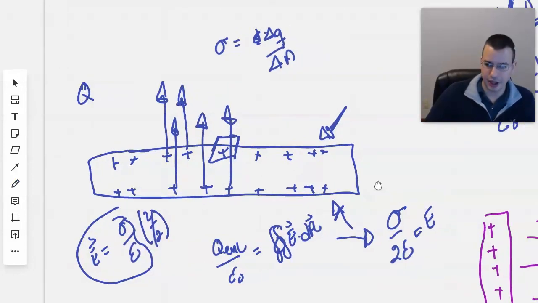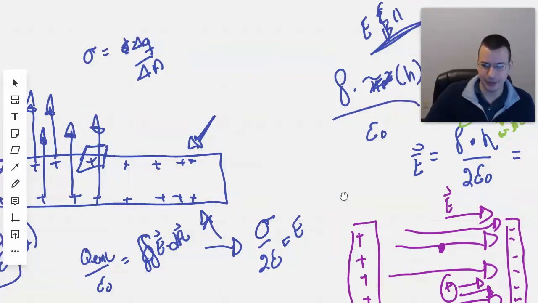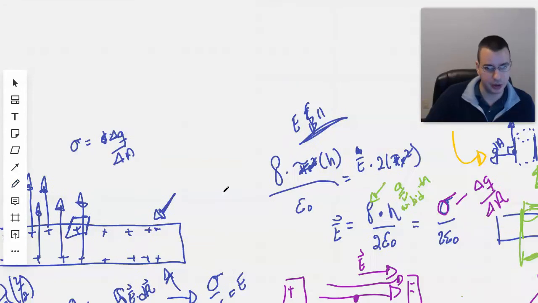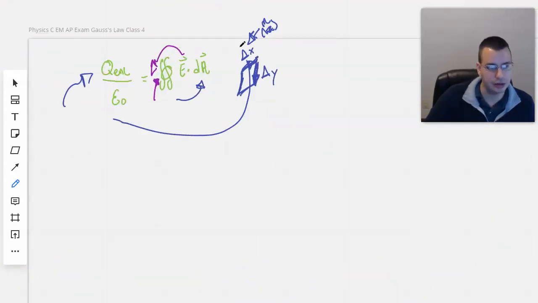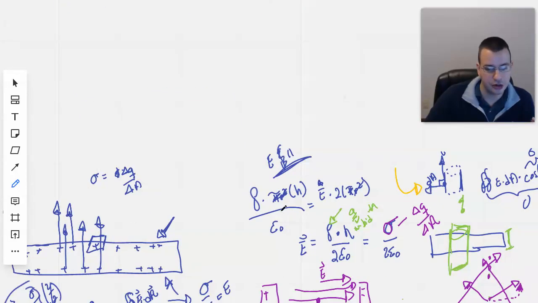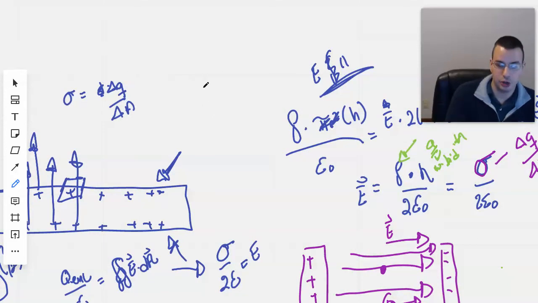Okay, so that covers the first part of Gauss's law. We'll talk about cylinders and line charges next. The big takeaways here: we have Gauss's law right here, Q enclosed over epsilon naught equals double integral E dot dA. And for a sphere, if we do this over a spherical charge, we're going to get Coulomb's law.